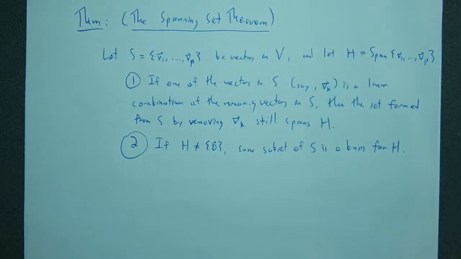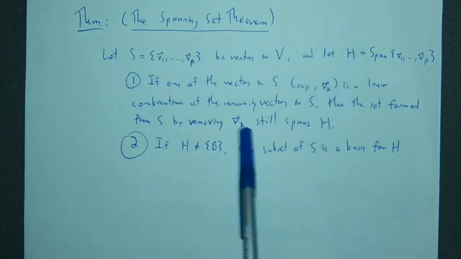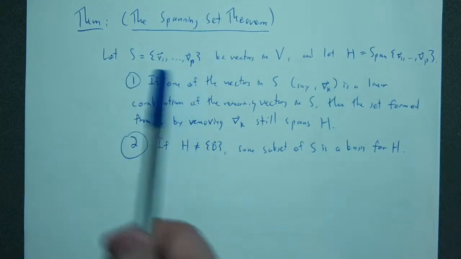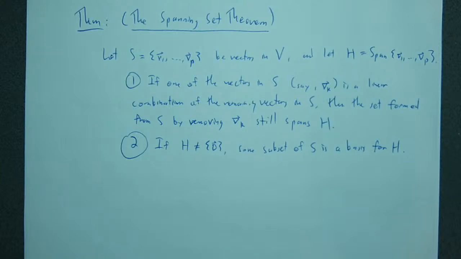I ask the question again, is that set linearly independent? If it is, then I now have a basis, and my new set is just S with that one vector removed, so it's definitely a subset of S. If it's not linearly independent, then by fact one I can remove a vector that's guaranteed to be a linear combination of the others and repeat this process all the way down.